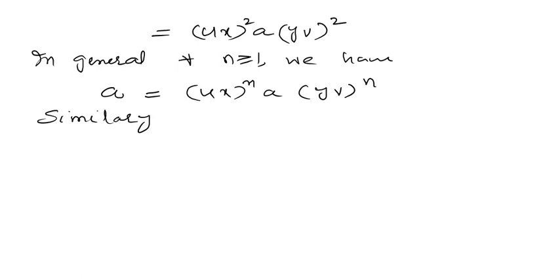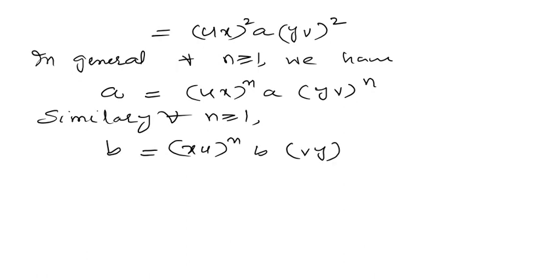Similarly, for all n greater than or equal to 1, b is equal to (xu)^n b (vy)^n. So this is the second and this one is the third.